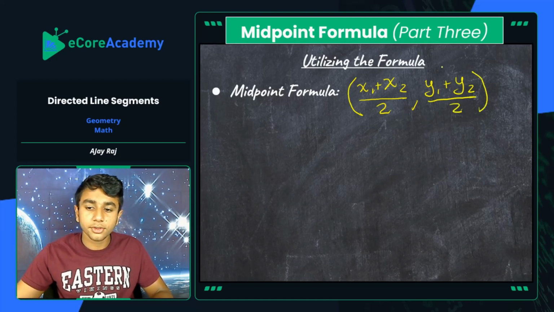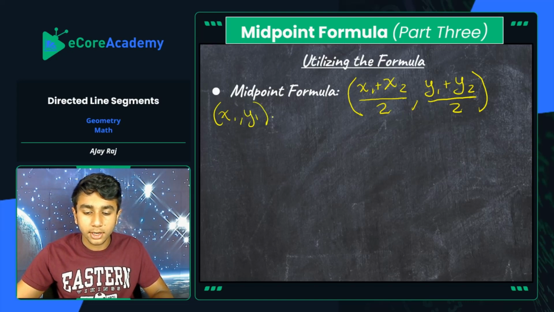So if you can see here, this is basically relating to our coordinates. If you're given your original coordinates, and I'm referring to my first pair of coordinates as x1, y1, and x2, y2, so if those are the endpoints of your line, then you just plug these very values into your midpoint formula equation here.